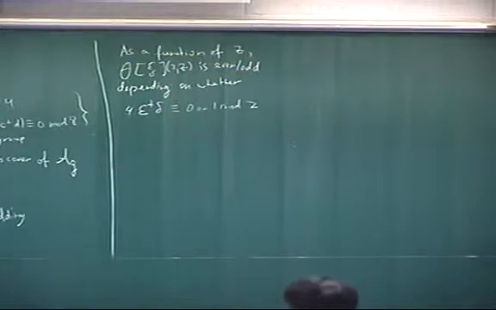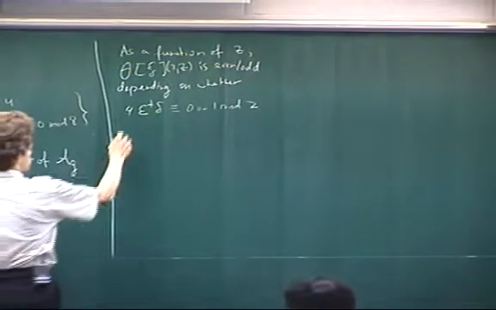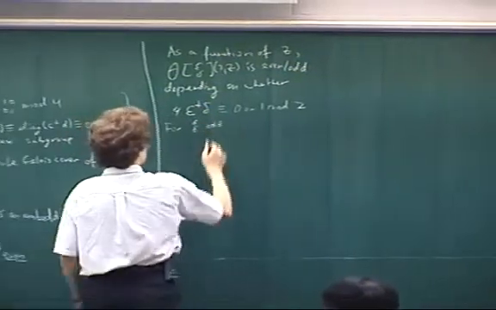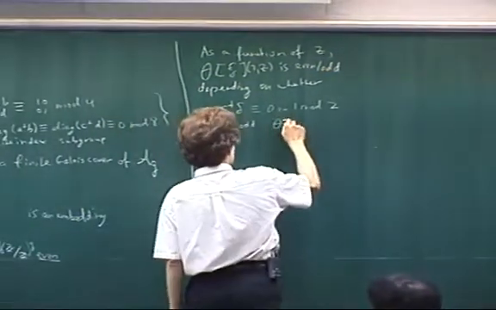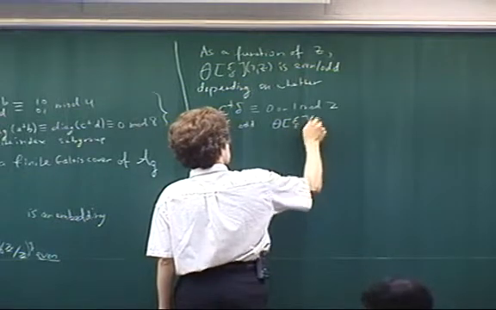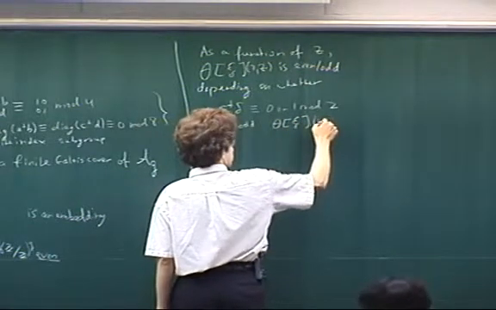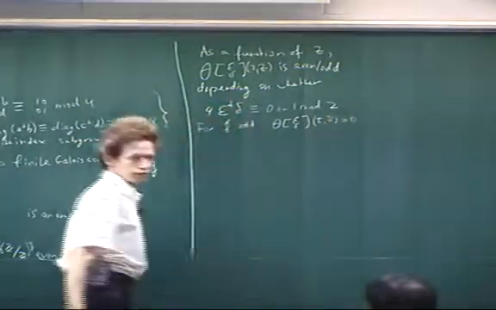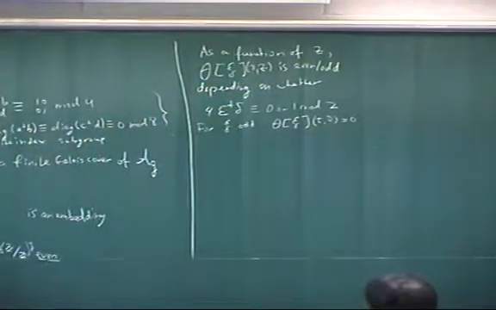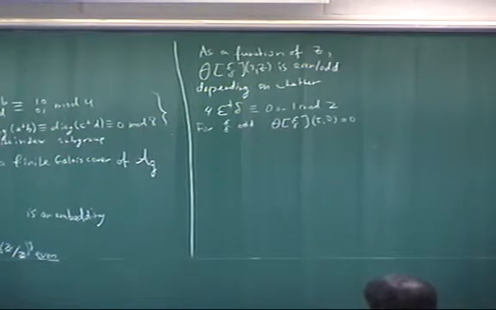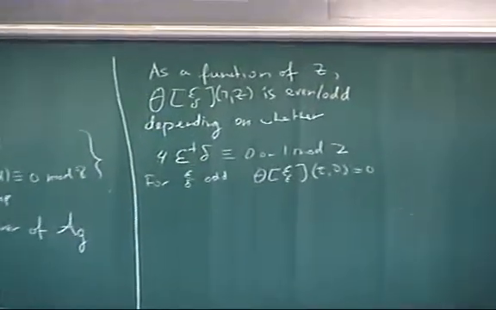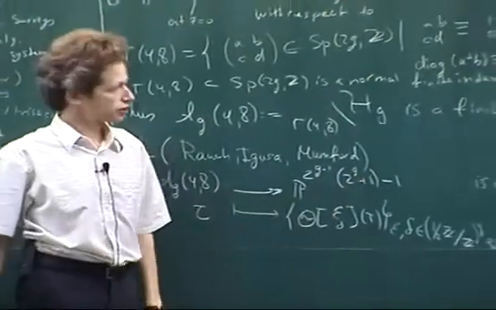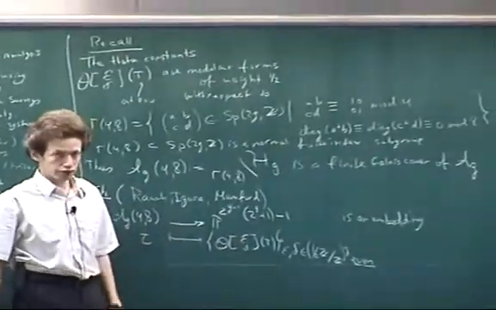And if epsilon delta is odd, of course it's an odd function, so its value at 0 is 0. Okay, and if you count the number of even ones, that's what you get. This is some linear algebra exercise.